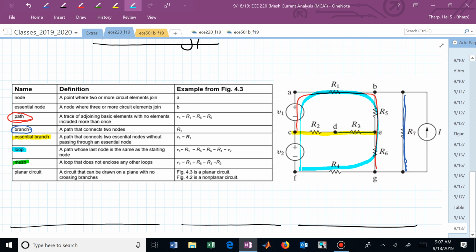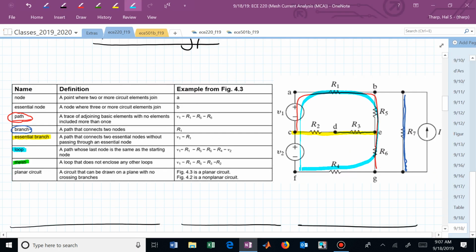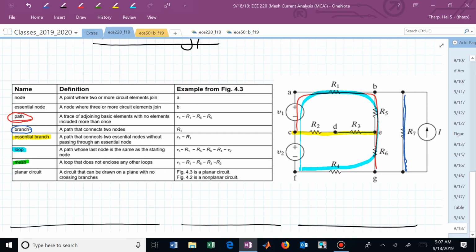That is now distinguished from a mesh. A mesh is a loop that does not enclose any other loops.